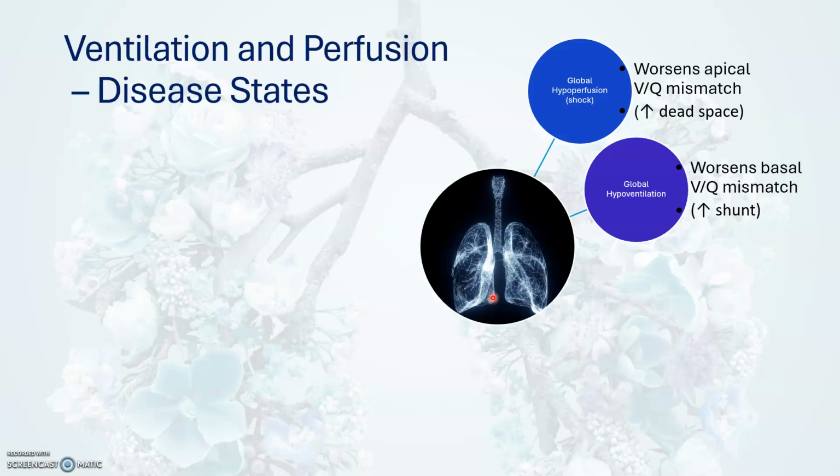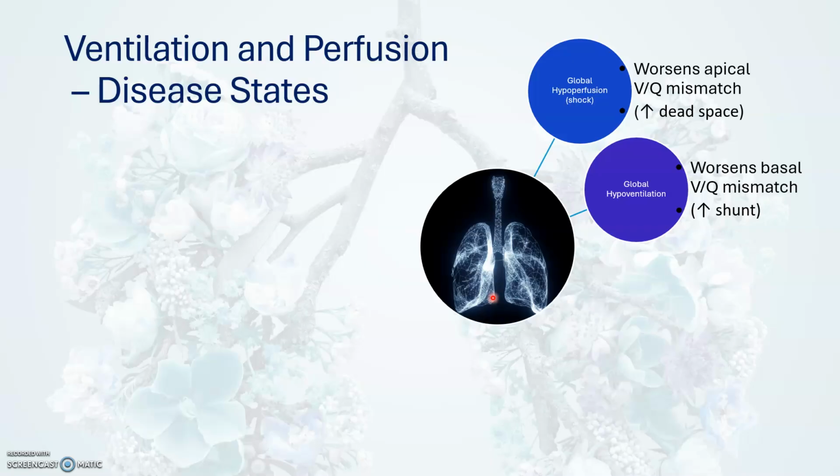So the base of the lung is more hypoventilated, and we already have an increase in perfusion from the apex to base. Therefore the discrepancy between ventilation and perfusion is greatest at the base of the lung in a patient who is hypoventilating, and therefore there's an increase in shunting.